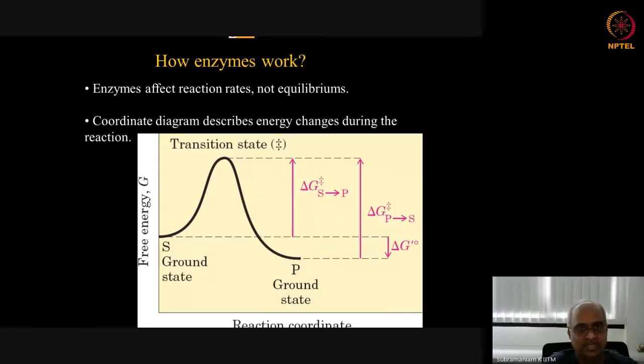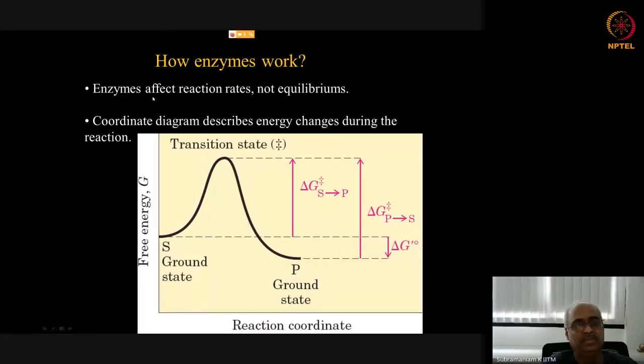That's not going to change. Only when CD reaches a certain concentration will the forward and reverse reactions be equal and you get the K equilibrium value. That's not going to be affected. But how quickly you reach that equilibrium, that is where enzymes influence. Okay, they affect reaction rates, not equilibrium.